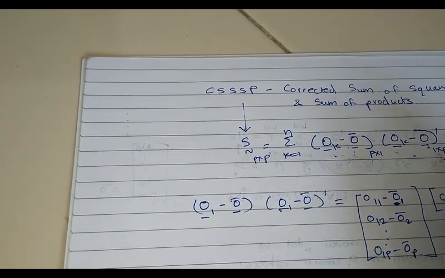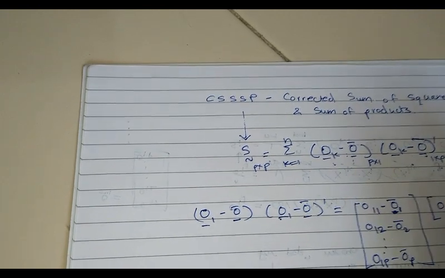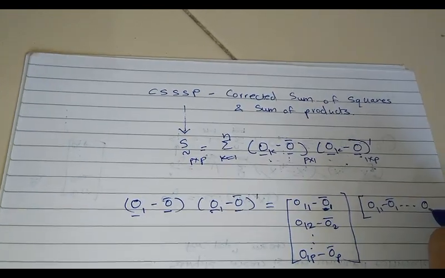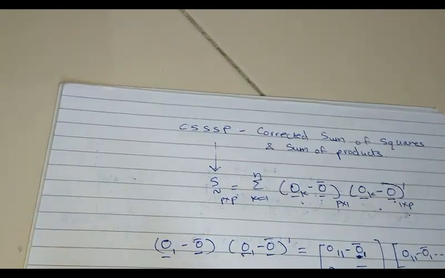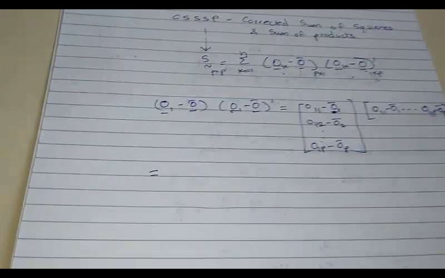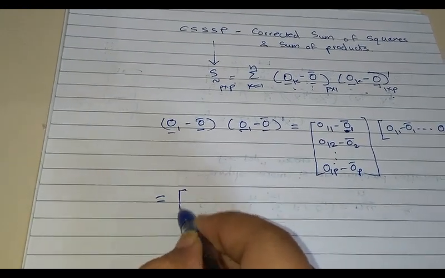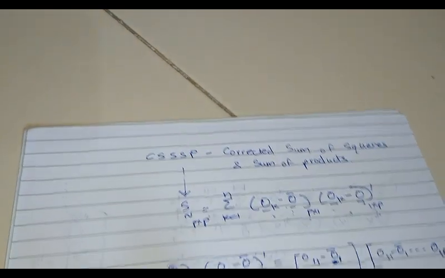This into (O_11 minus O_1 bar up to O_1p minus O_p bar). So if I consider this product, what do I get? Let me just consider the matrix product. So the first entry is going to be this into this.